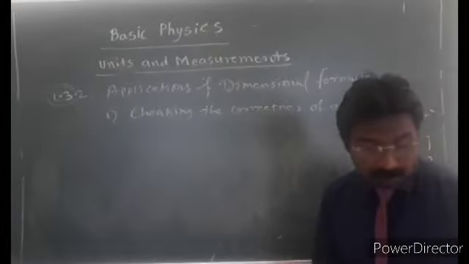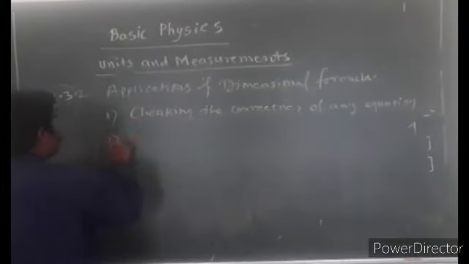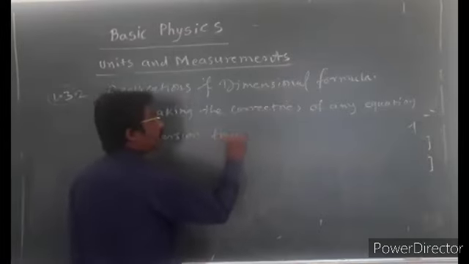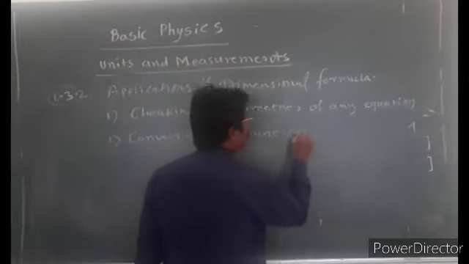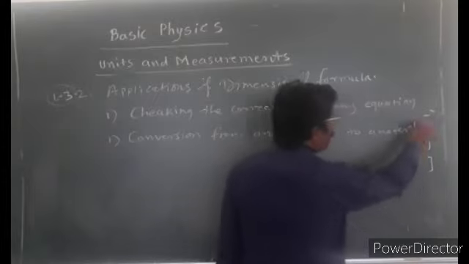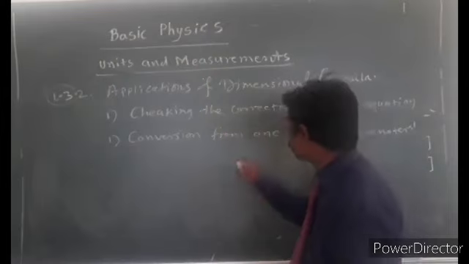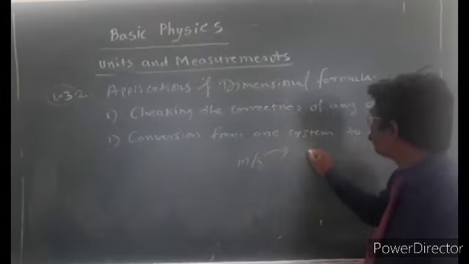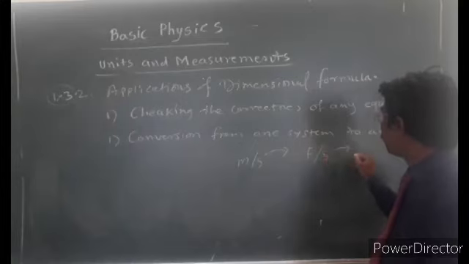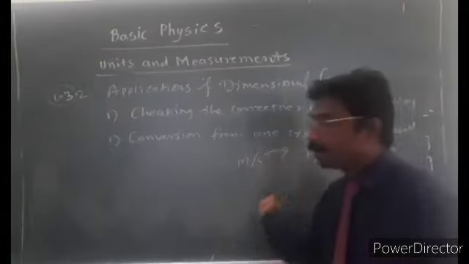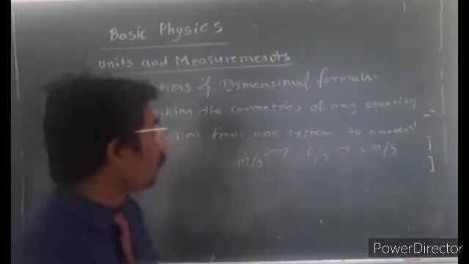Second is conversion from one system to another. For example, meter per second can be converted into foot per second, or into centimeter per second. Such conversions can be done by using the dimensional formula.